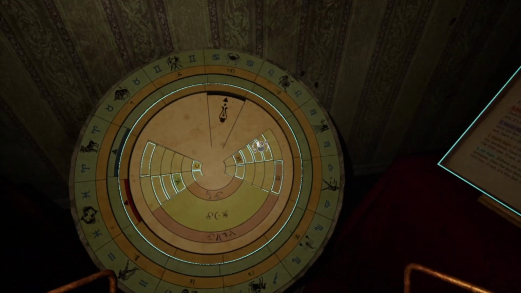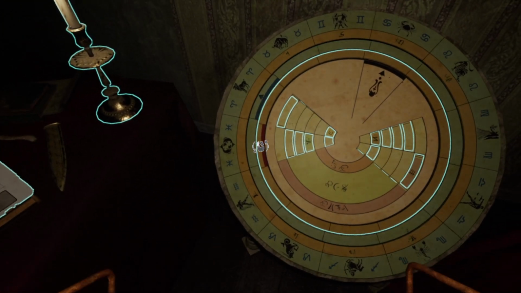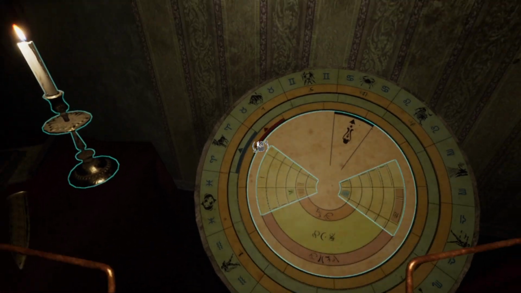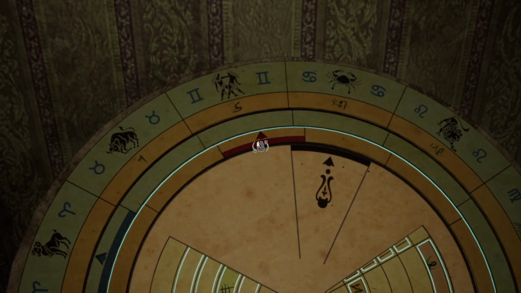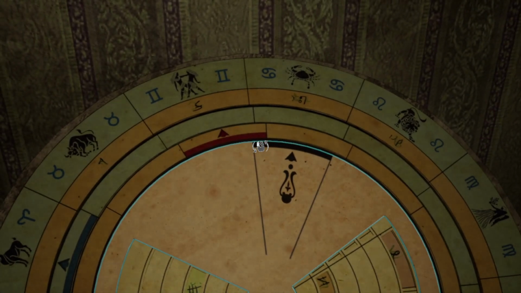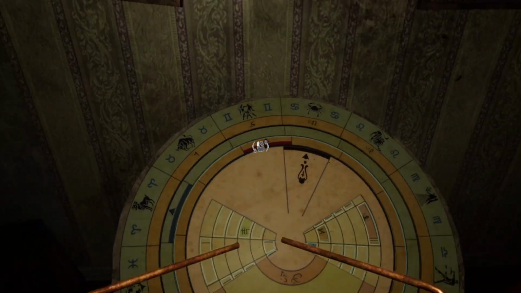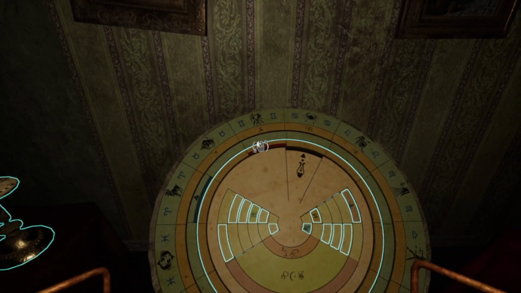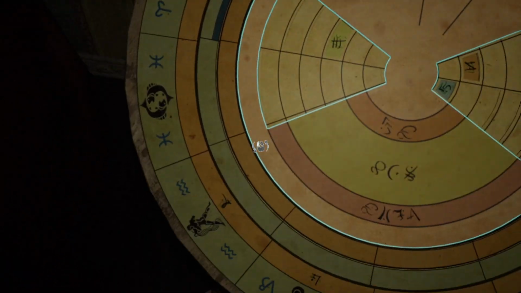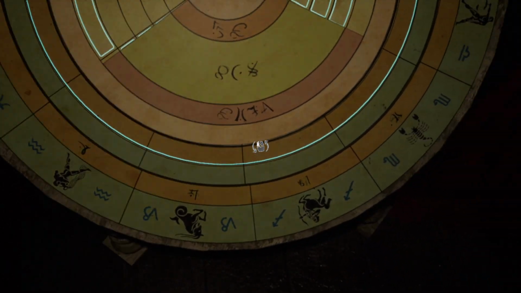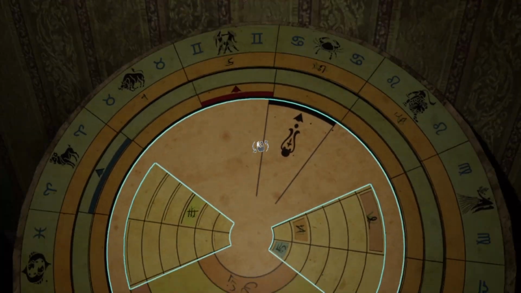It was 5. Yeah, that looks like a 5 up there, I'd say. I think. Hard to tell here. I'm going to say that's a 5. I'm assuming I'm looking at the right spot here.